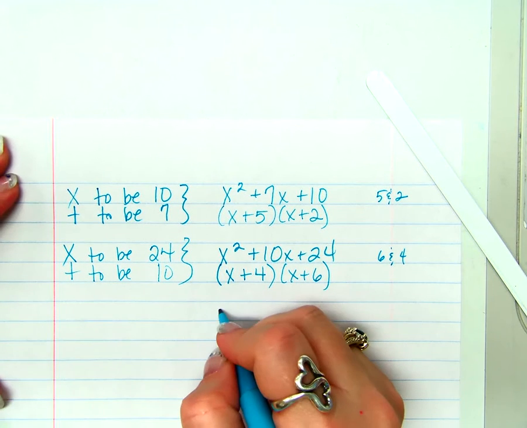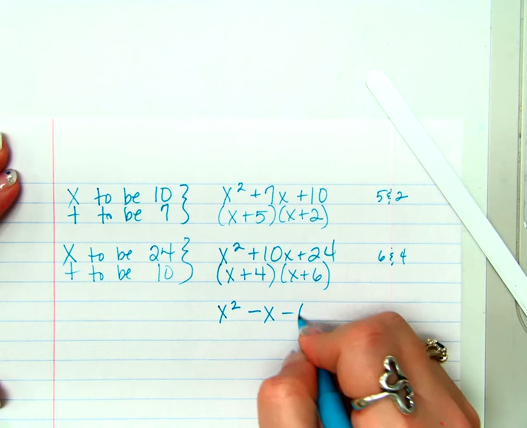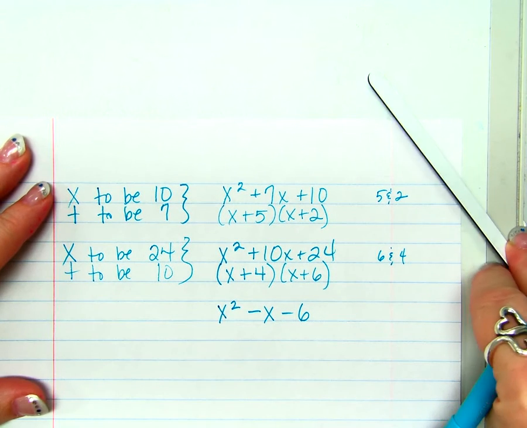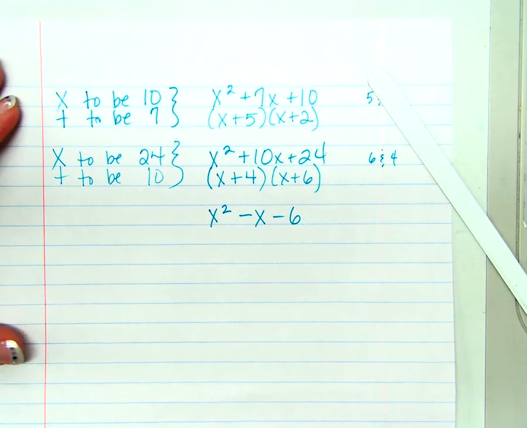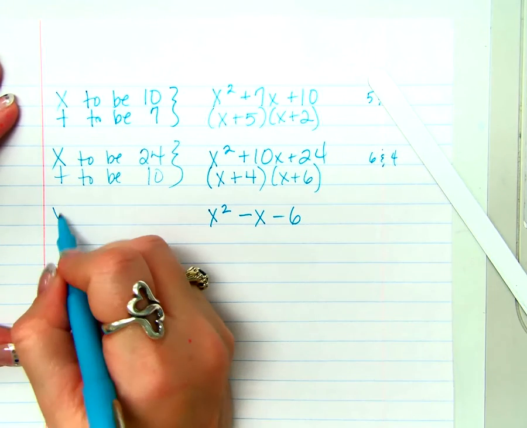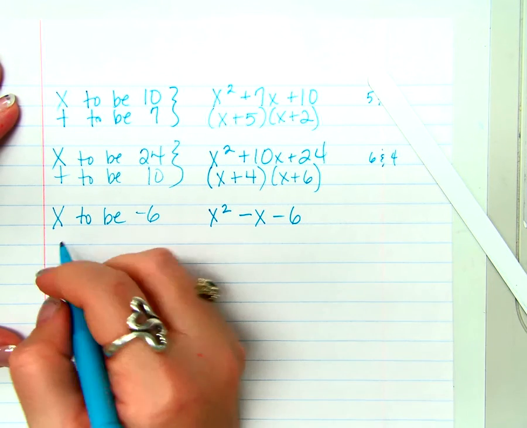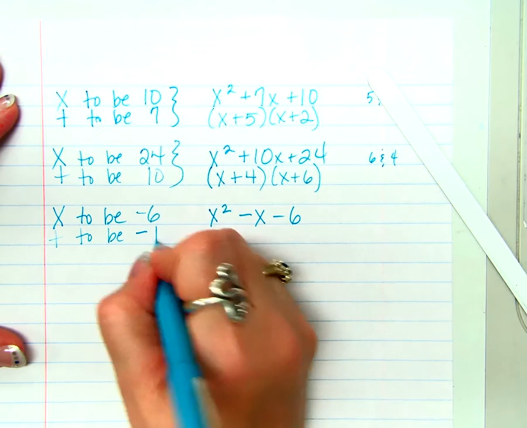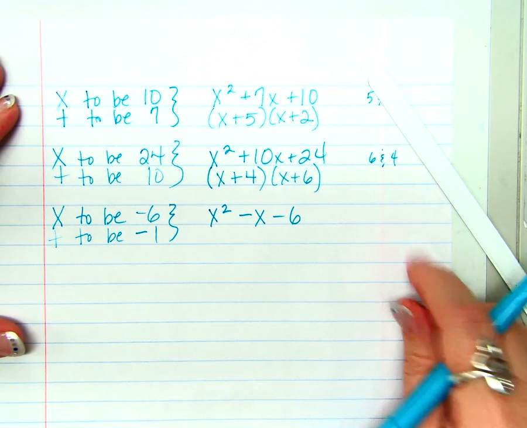What about if the problem looked like this? X squared minus x minus 6. What is my thinking? Multiplies to be negative 6, adds to be negative 1. If that's my thinking, what are my two numbers that work?